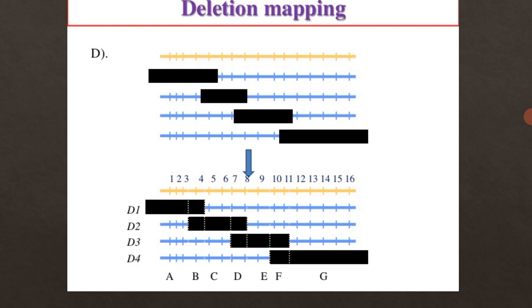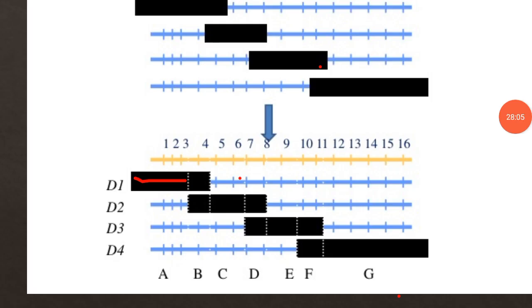Okay, now you can write in your book that for A, we can see deletion for 1 2, right? And therefore we will give a negative sign there. The red sign you can imagine as a negative sign, a dash. The black spot indicates the deletion of that gene, deletion of that portion.